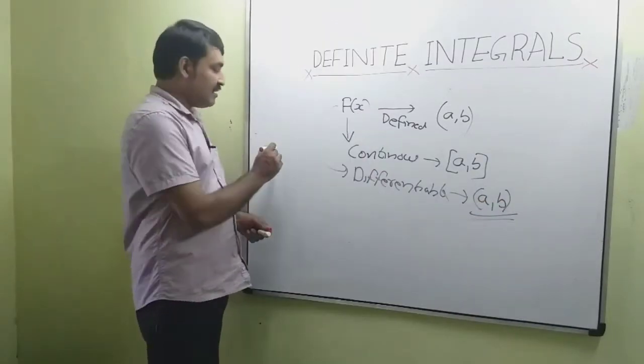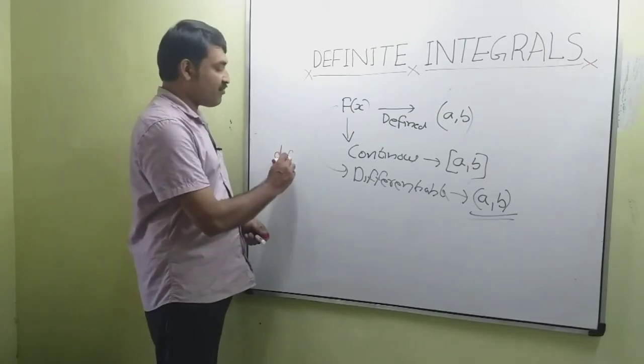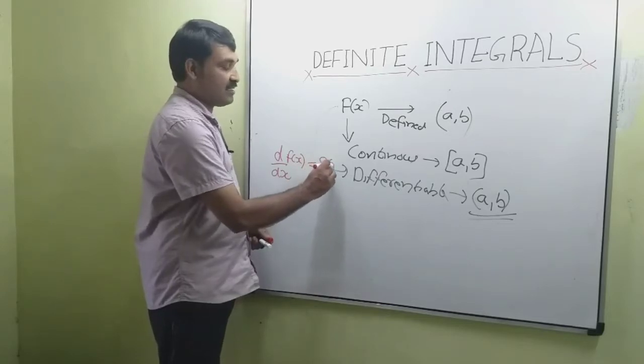So we can write dy by dx of this function f of x is equal to some g of x.